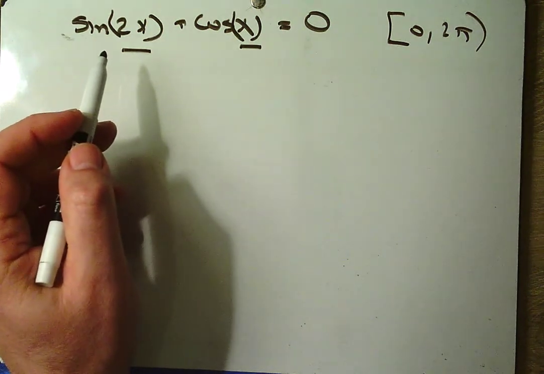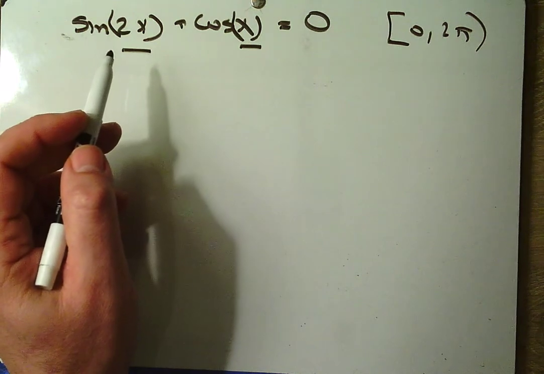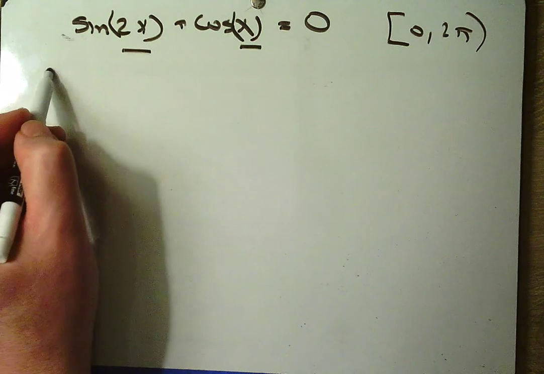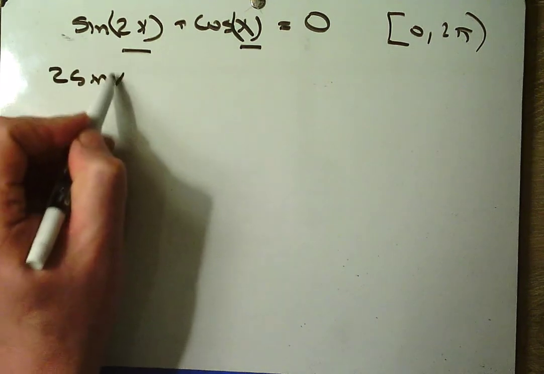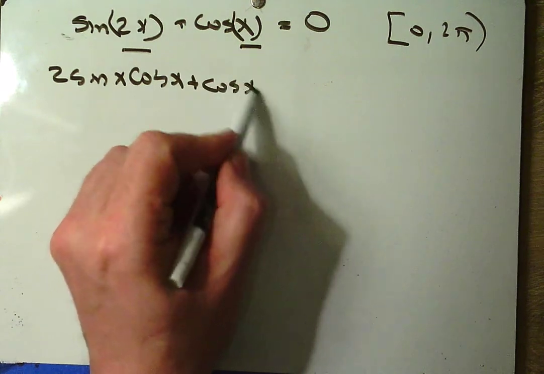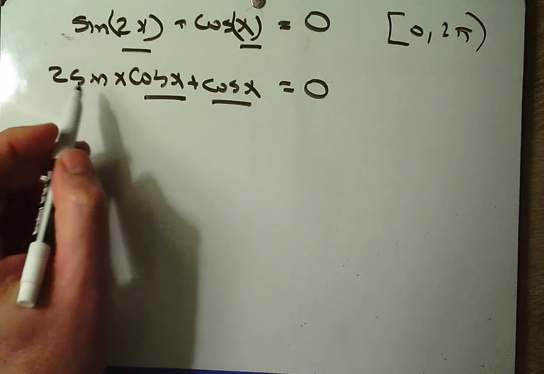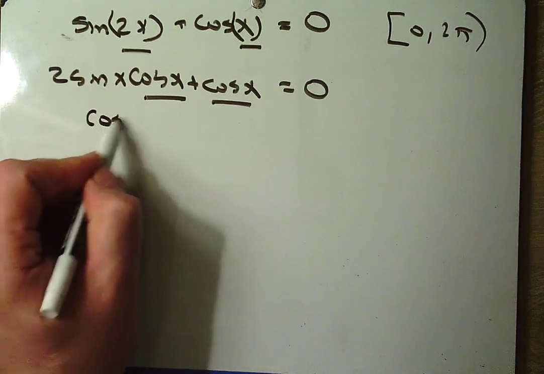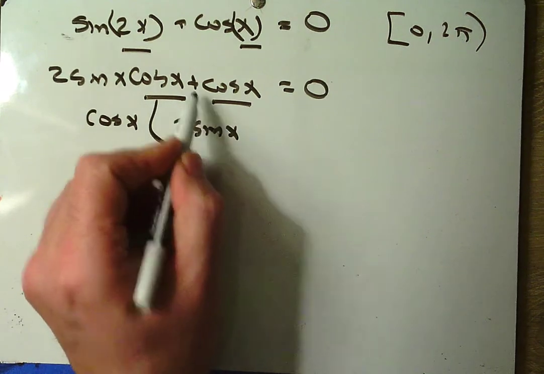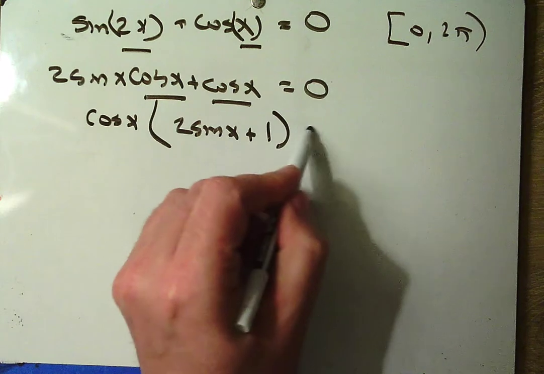So when I have more than one trig function, I'm going to be using the double angle formula to rewrite one of the terms. We know the sine double angle is 2 sine x cosine x, plus this cosine x equals 0. I see that they have a common cosine x that I'm going to factor out, which will leave me a 2 sine x, then our plus sign, and cosine divided by cosine is 1.